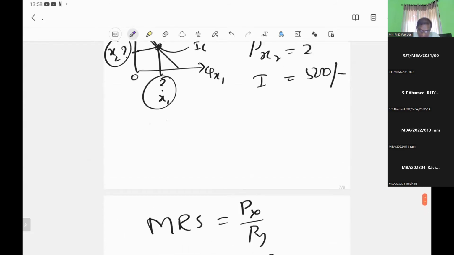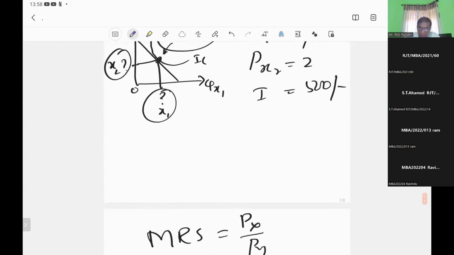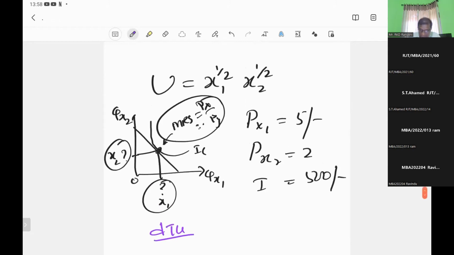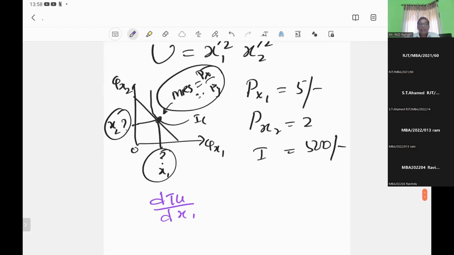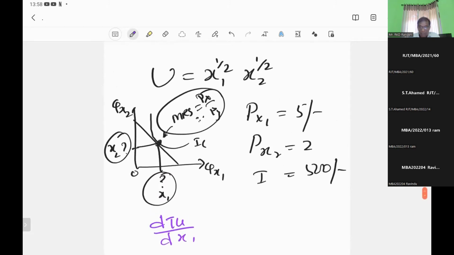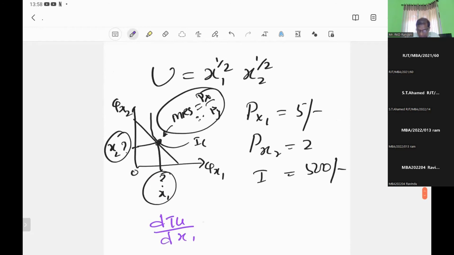Then you can derive from this total utility function, differentiating with respect to x1.